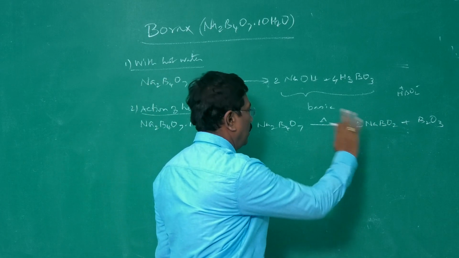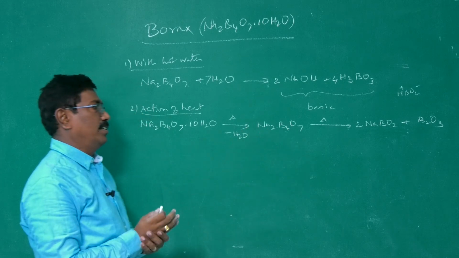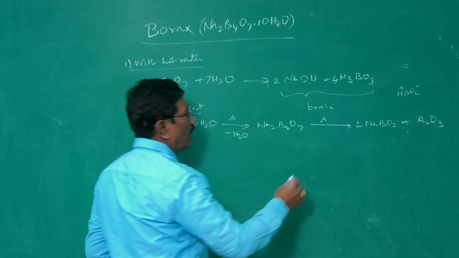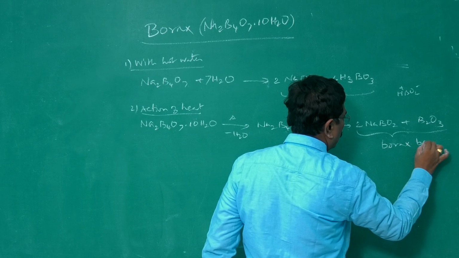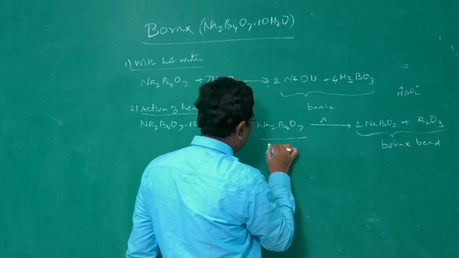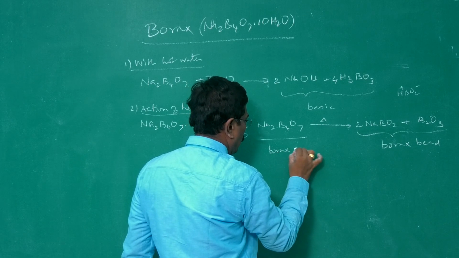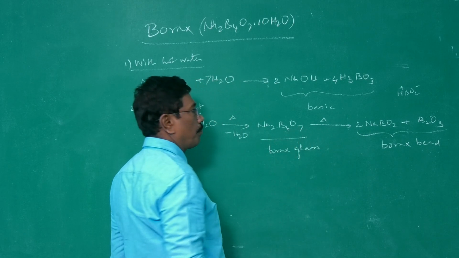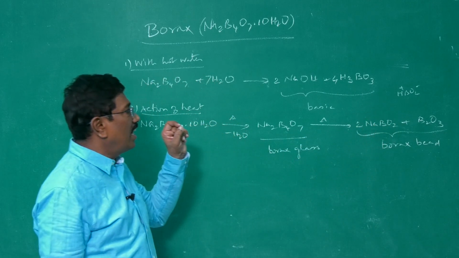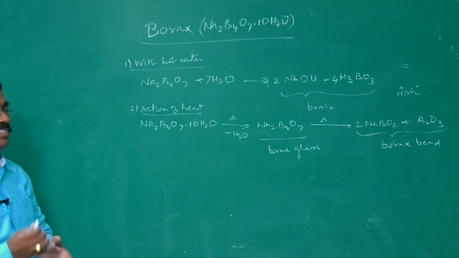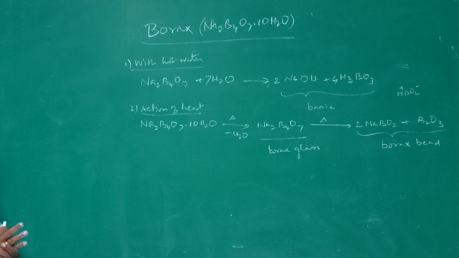Yes, balanced equation. It is said to be borax bead. It can be considered as borax glass. This particular borax bead is used in the identification of metal ions, and we call it the borax bead test.